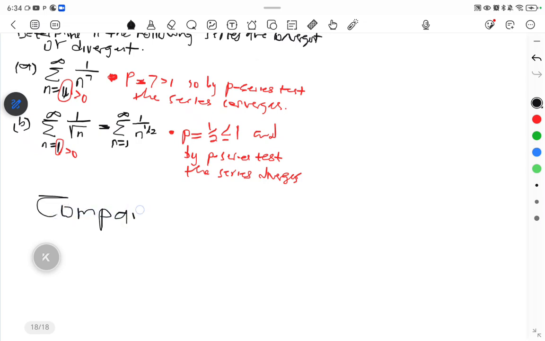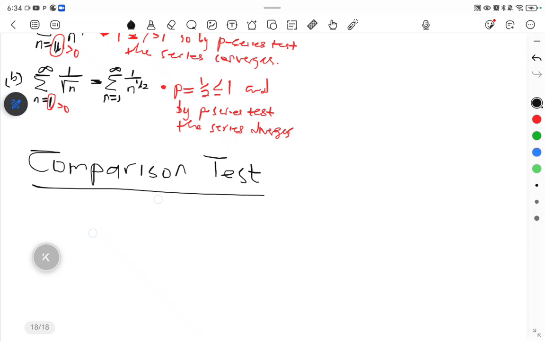You see, right? Comparison test will be the one that will teach us about reducing. So it's much simpler when we are there at comparison test.